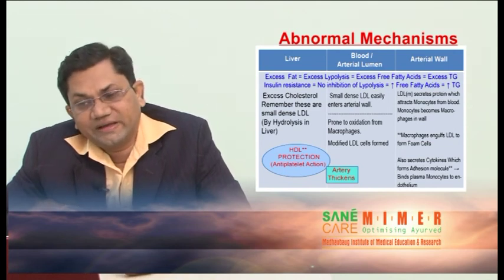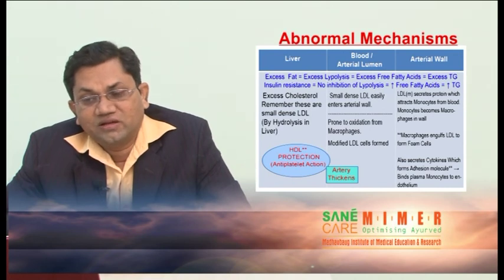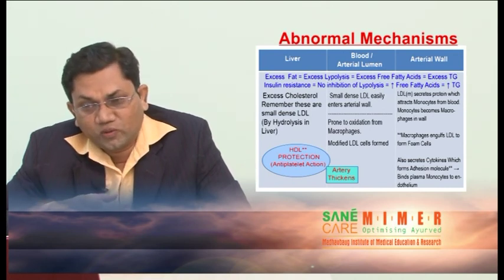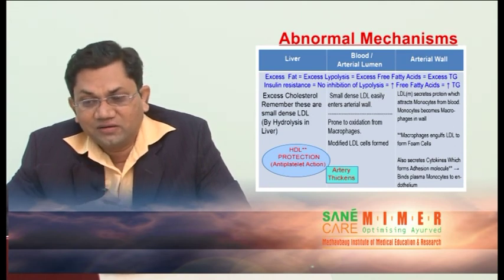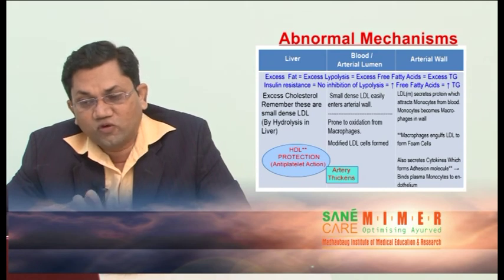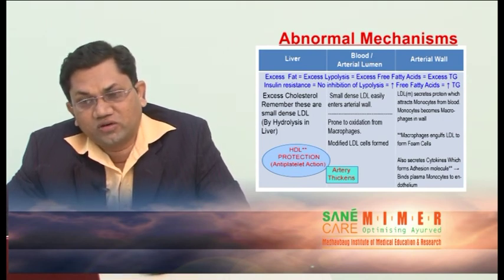These modified LDL cells secrete proteins, which attract monocytes from the blood, and these monocytes again become macrophages, and they engulf these LDL cells and form foam cells. This foam cell formation is taken by pathologists as a hallmark of the diagnosis of atherosclerosis.